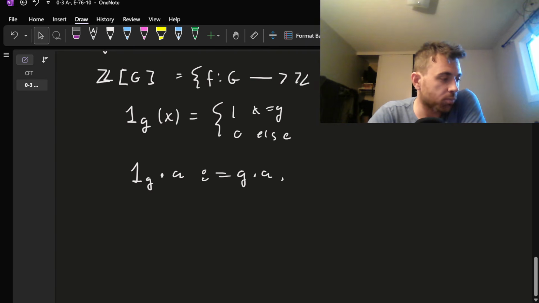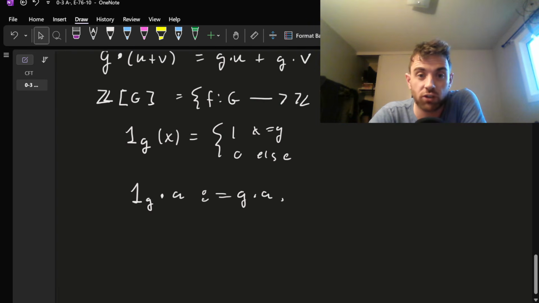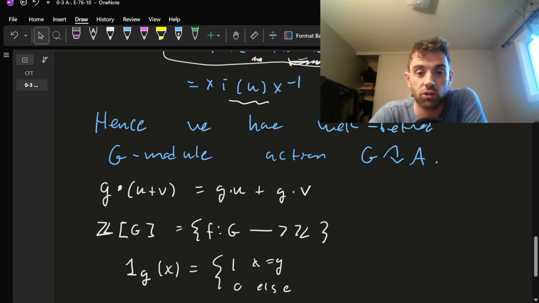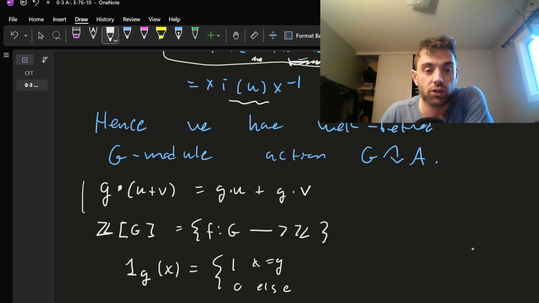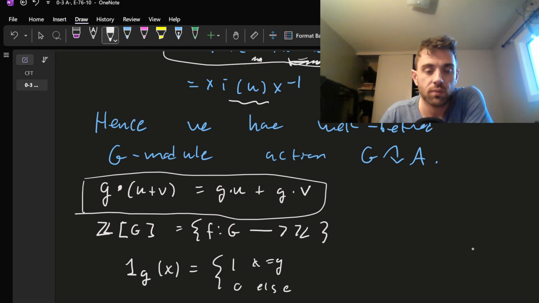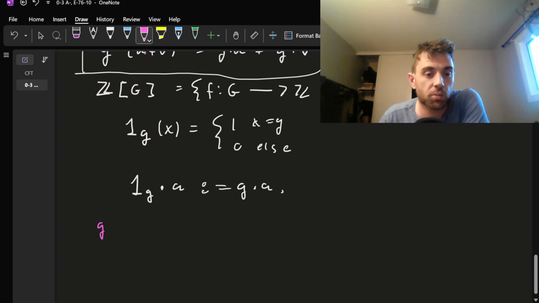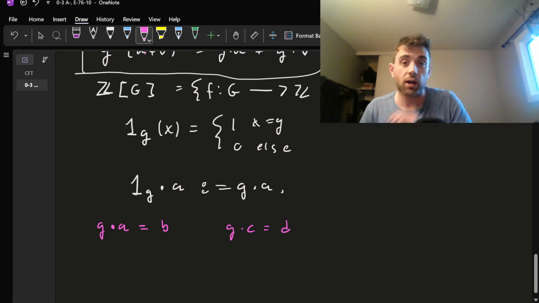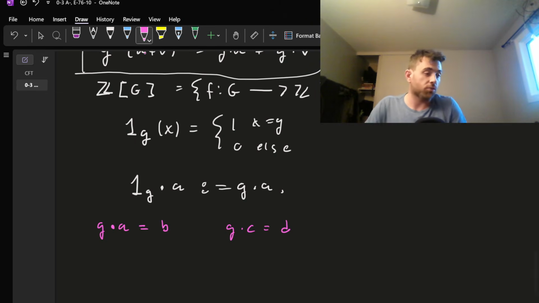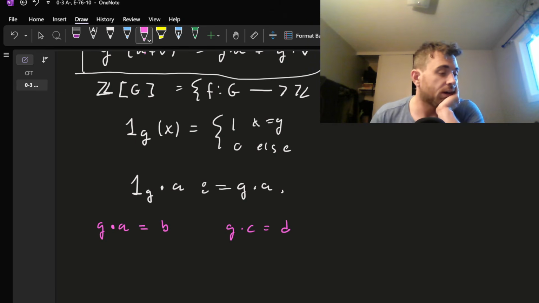Okay, so how do we know that this respects the G module structure? How do we know that this relation holds? Let's go back to the proof and think about this fact. Suppose that G dot A were equal to B, and G dot C were equal to D, described in the manner that I described these relations up above. What does this mean?